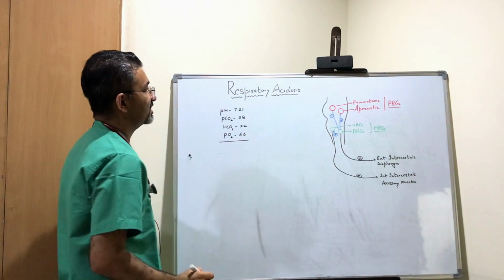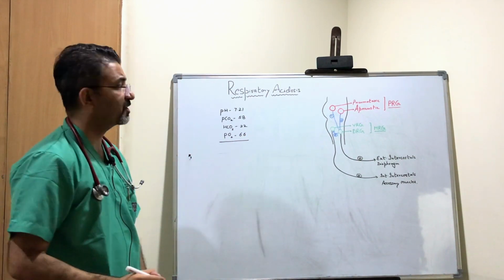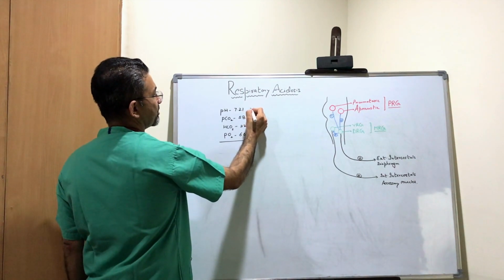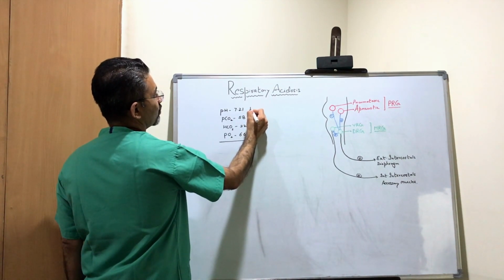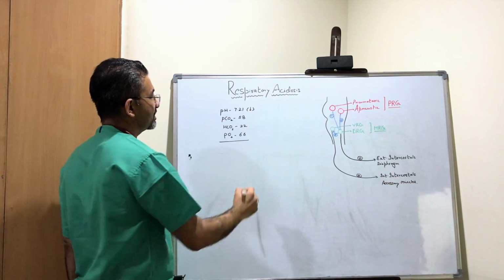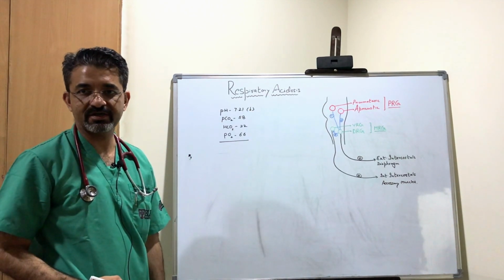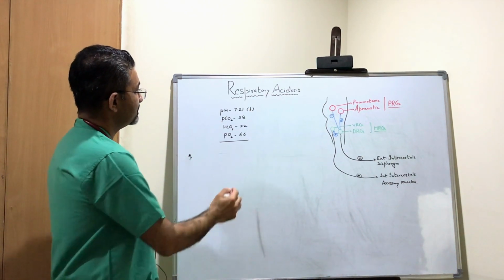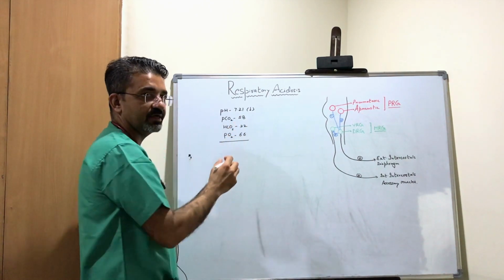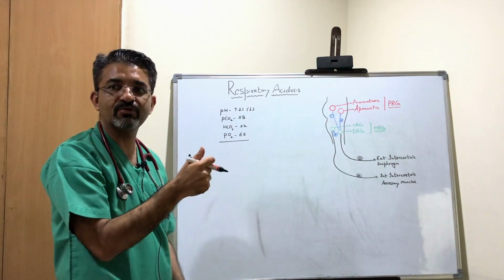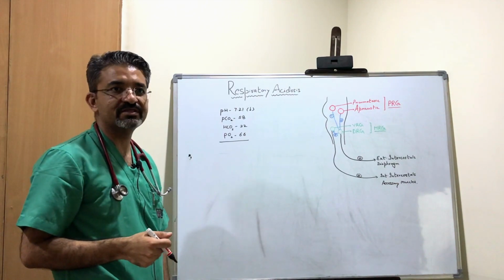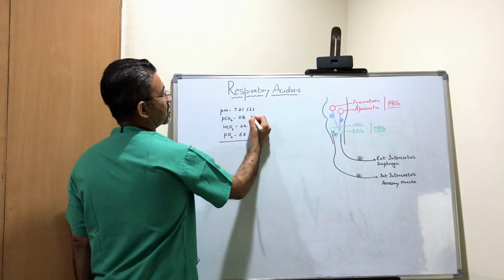So what inference can we make out of this ABG? This is for sure an acidemic pH. 7.21 is a low pH. So we are dealing with acidemia or acidosis. When we see PCO2, it is working in the direction opposite to your pH. So it's a respiratory acidosis.